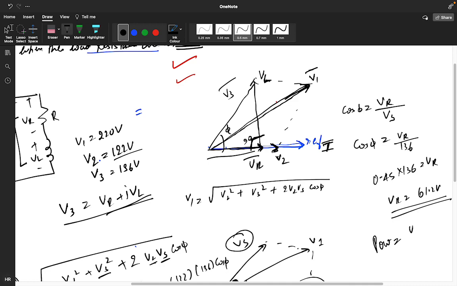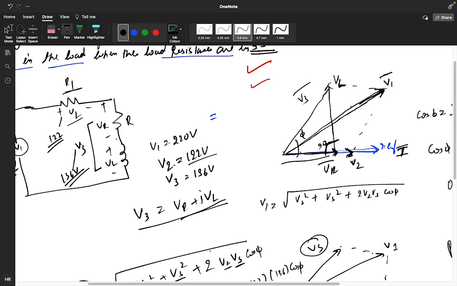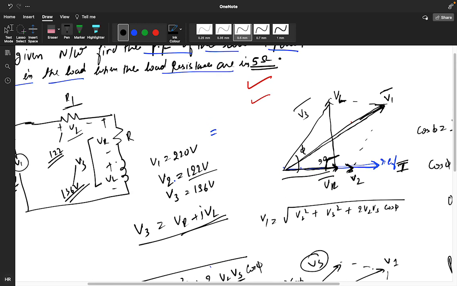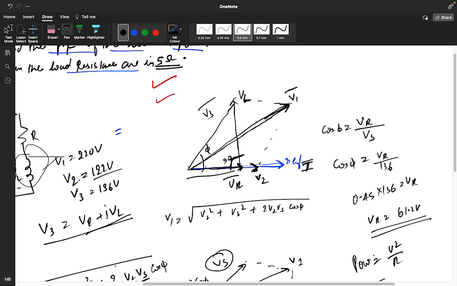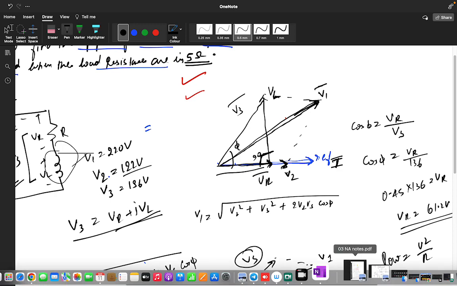Okay, now you need to find the power. So power is nothing but V square by R. So for a load, dissipated power. We had studied that the average power of an inductor will be 0, so we don't have to worry about this. We will only consider the power across the resistor, right? We know the voltage of this resistor, that is 61.2.